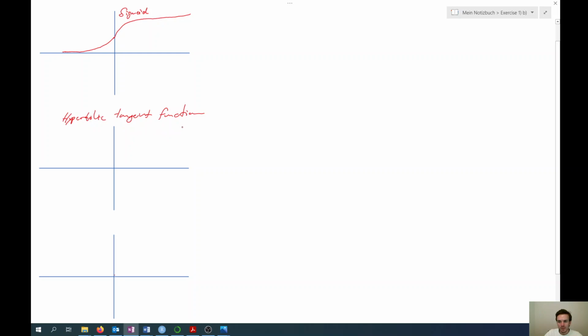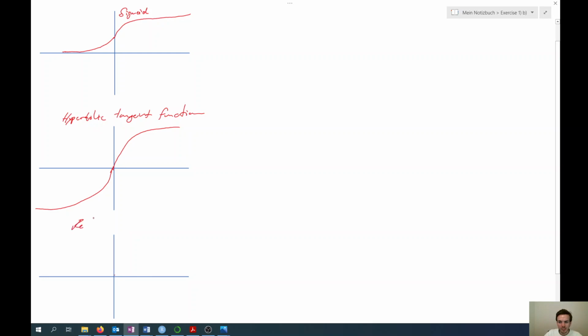So here it converges to 1. It should be maybe more steep here even. And then it does the opposite thing here and converges to -1.